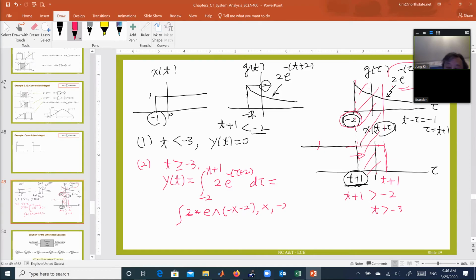Yes, this is the integration range. This is a function of x, and the range is from minus tau to tau.